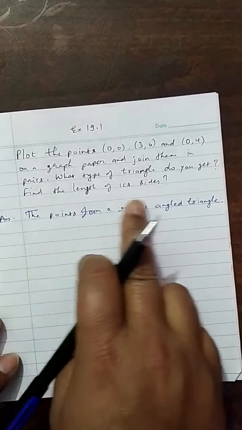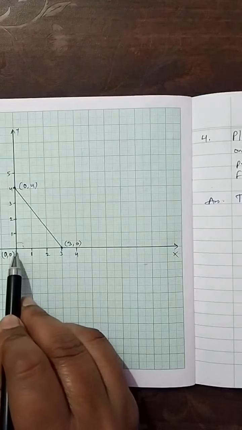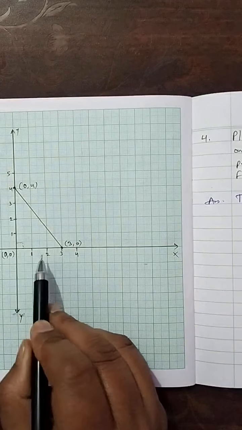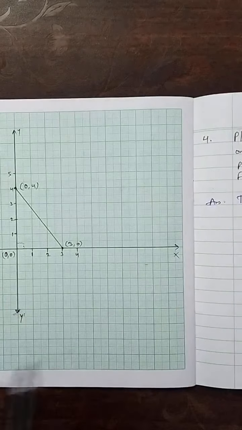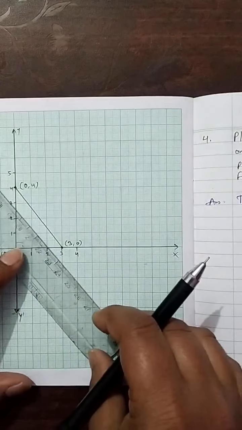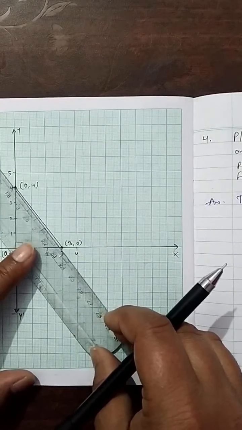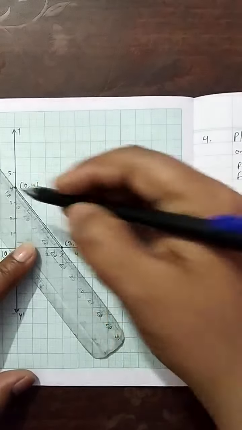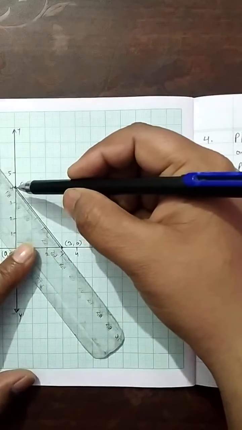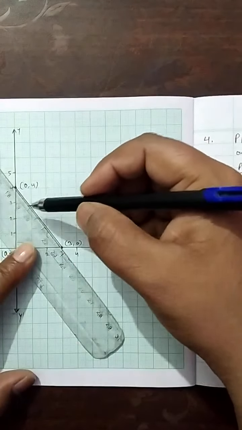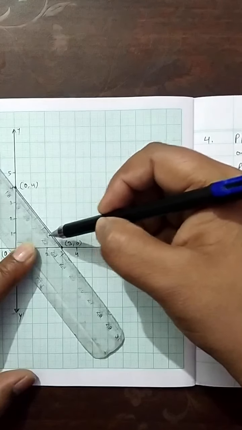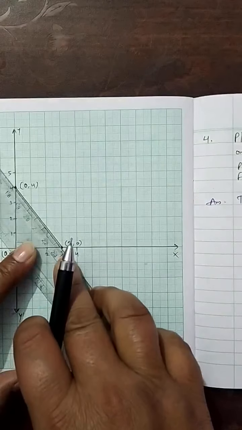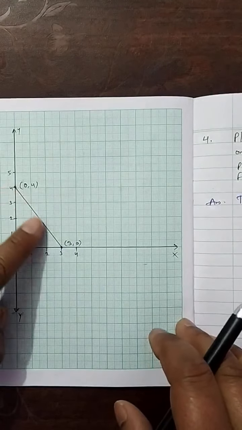Next is find the lengths of its sides. So from 0 to 3 it is 3 units, 0 to 4 it's 4 units, and here if you measure this, from here suppose this is 0, 1, 2, 3, 4 and 5. 5 units are here, so its length is 5.